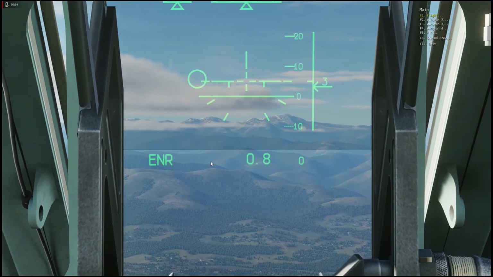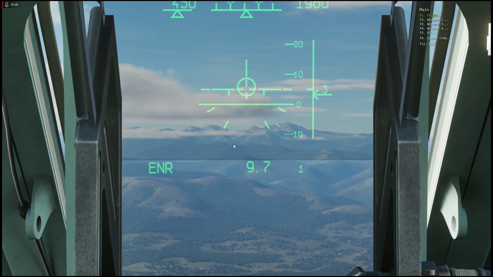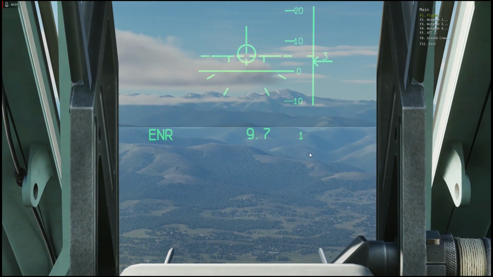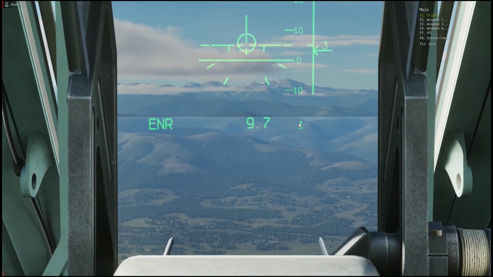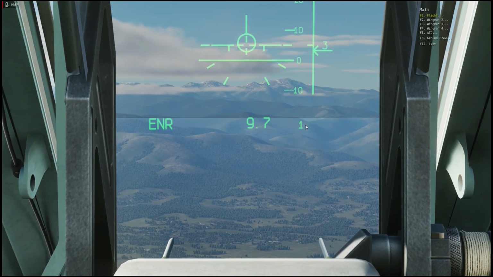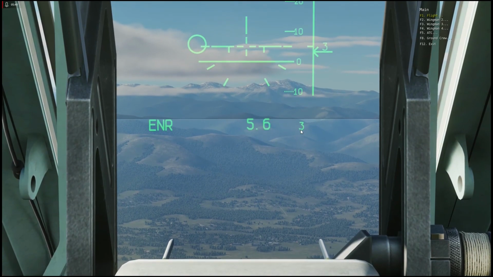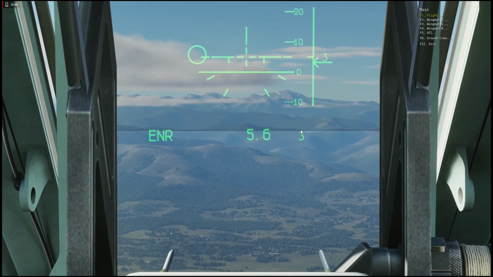The standard one is the en route mode. Using the next and previous waypoint, you can cycle through your waypoints. Waypoint 1 is there, 2 and 3 and so on. You can go on for a lot of waypoints.